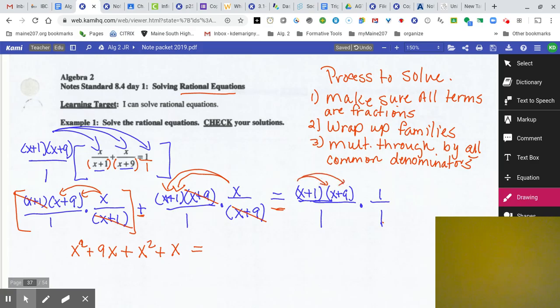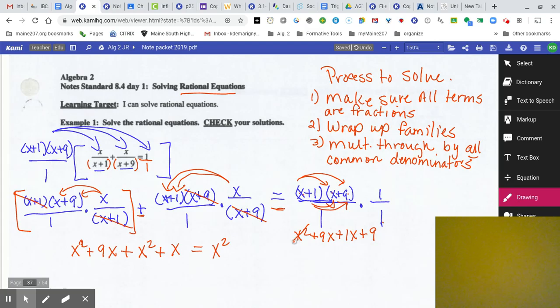I have to FOIL both of these together. So x times x is x squared, x times 9 is 9x, 1 times x is 1x, and 1 times 9 is 9. And then I'm going to add those together, clean it up, and put it over here.